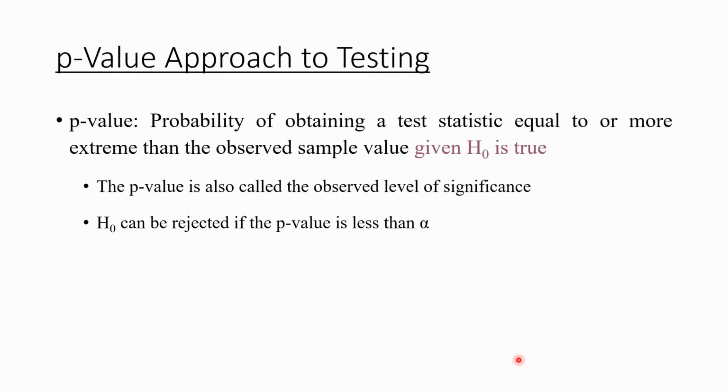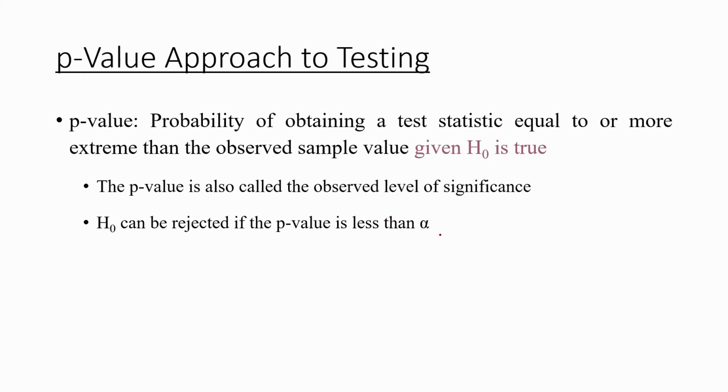Basically, the p-value is a probability value, also called the observed level of significance. Now the important factor here is that H0, your null hypothesis, is rejected if the p-value is less than alpha. That is what you have to keep in mind. So your H0 is rejected if the p-value is less than your given level of significance alpha.